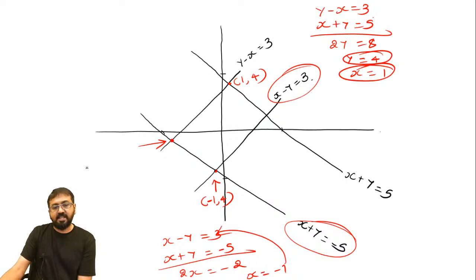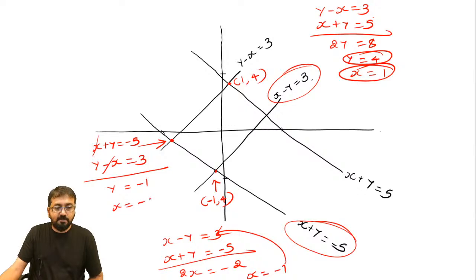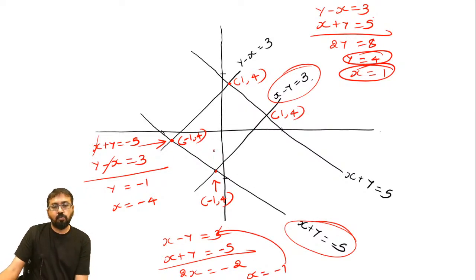Now this is an intersection of x plus y equal to -5 and y minus x equal to 3. Correct? Just add them. Definitely one variable will get cancelled off. है ना? So you will get y equal to -1. When y is -1, so x is -4. So this point will be -1 4 and this point will be 1 4. Very simple. Correct?